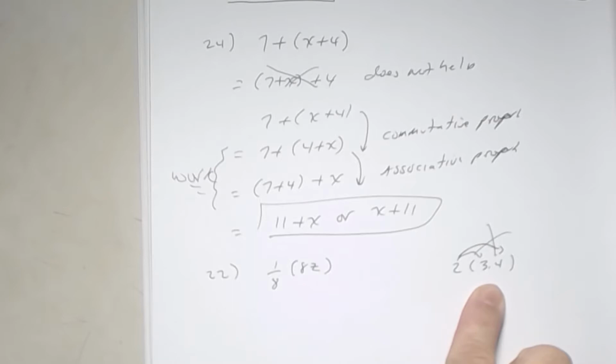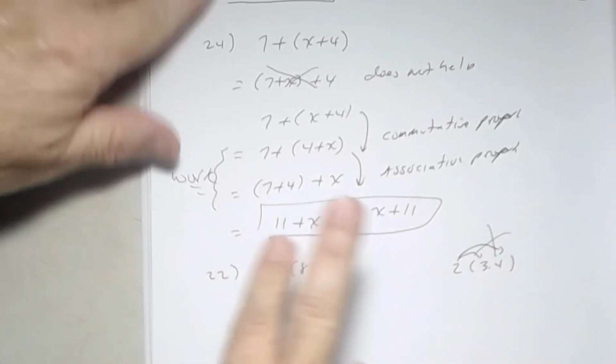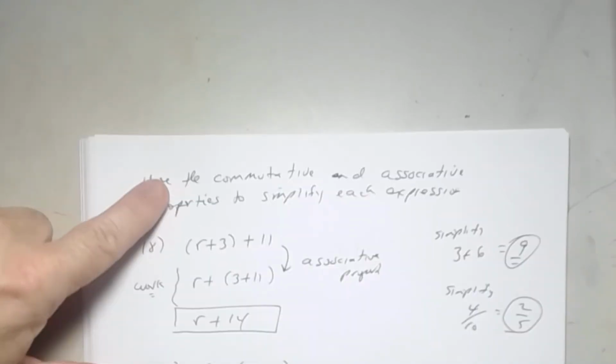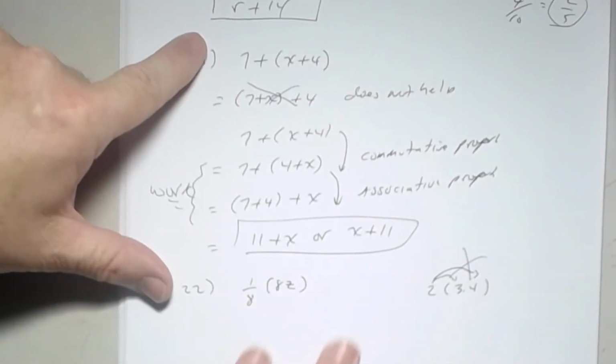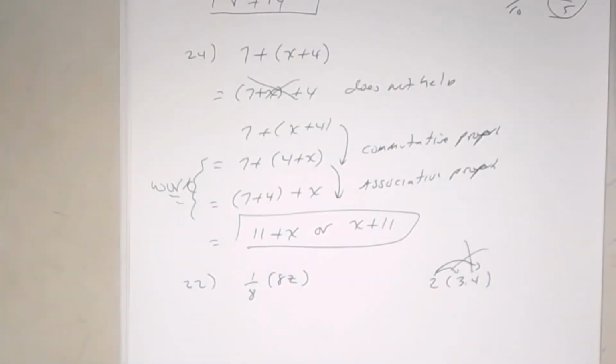So the distributive property does not apply when what operates inside the parentheses? Multiplication. It's got to be what operation? Addition or subtraction. So no, the distributive property does not apply here. In fact, they want you to use which two properties? Commutative or associative. That's what they want you to use. So, which property do you think you'd use first?